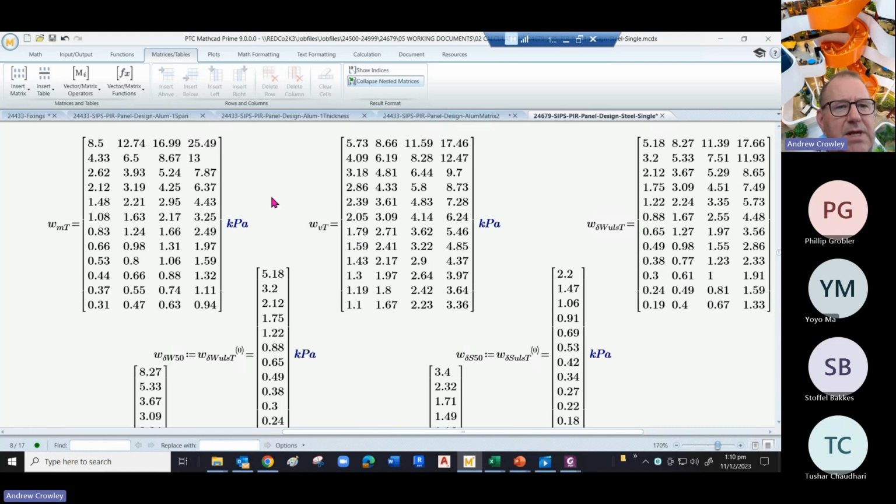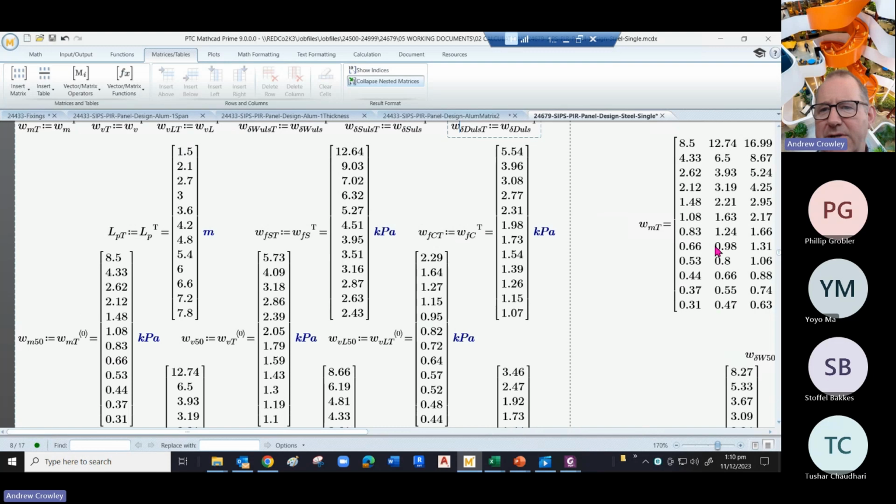So instead of being for deep, they are now for wide. And so these are the different thicknesses of panels, and our rows are giving us our different spans.